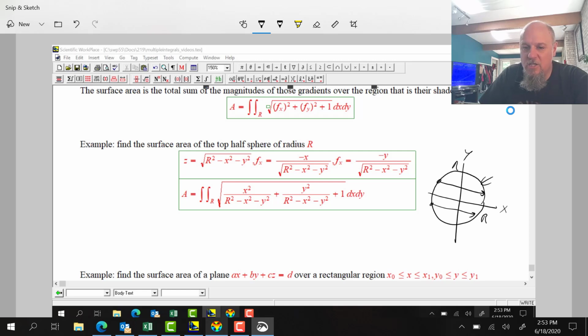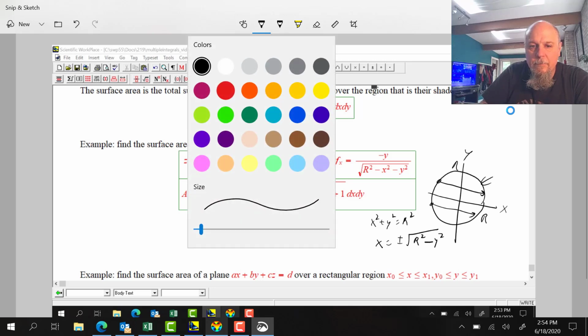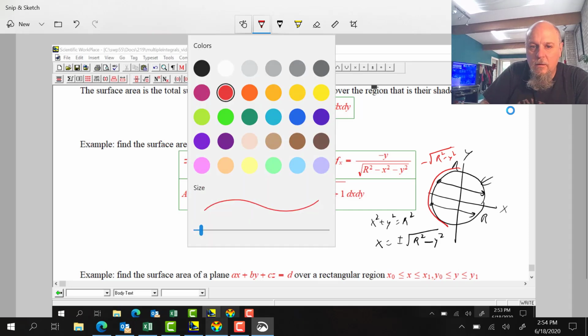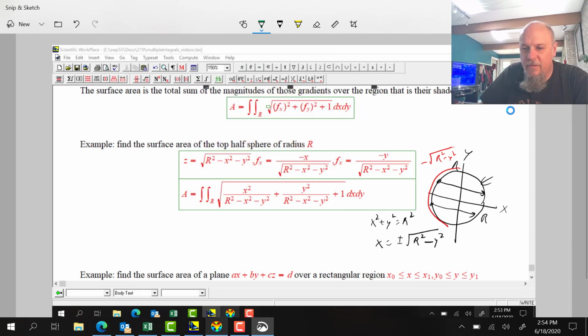So I've got the equation x squared plus y squared is equal to r squared. I'm going to solve that for x, so x equals plus or minus the square root of r squared minus y squared. So this side is the minus square root of r squared minus y squared, and this side is the plus square root of r squared minus y squared.